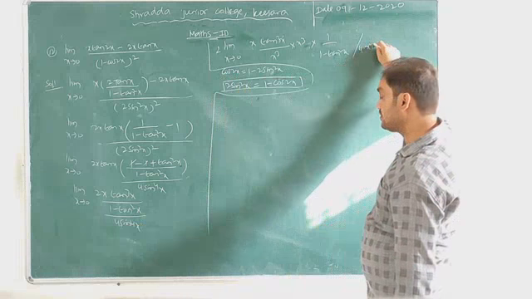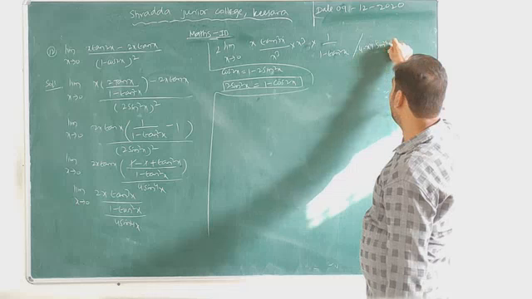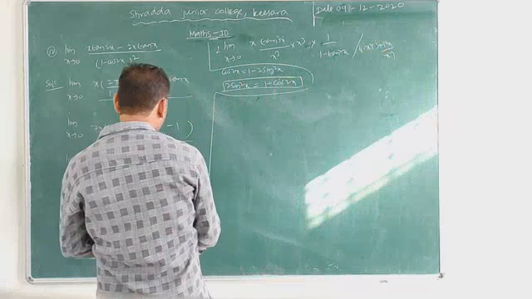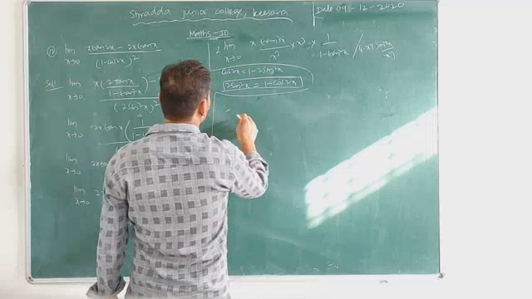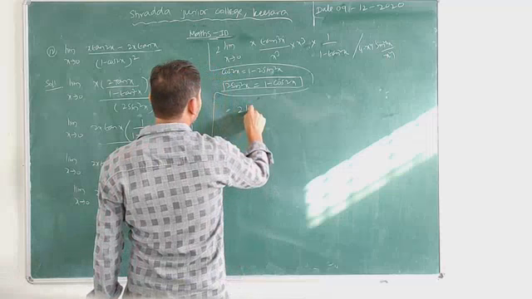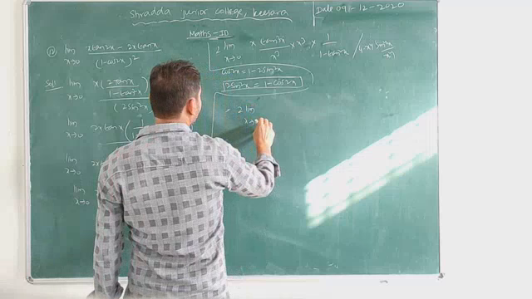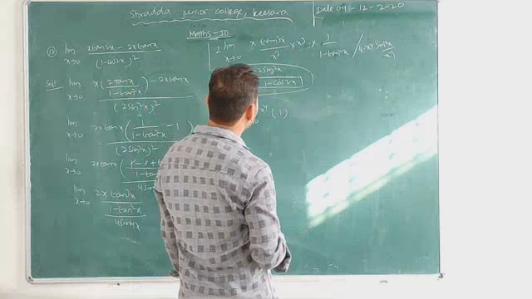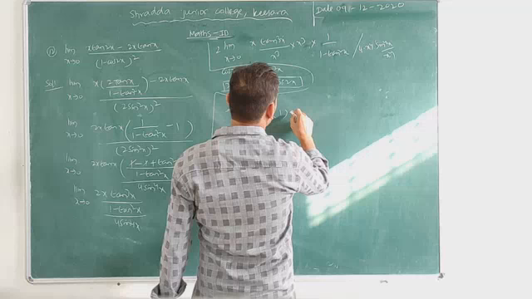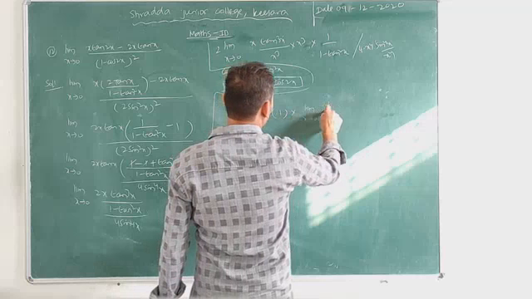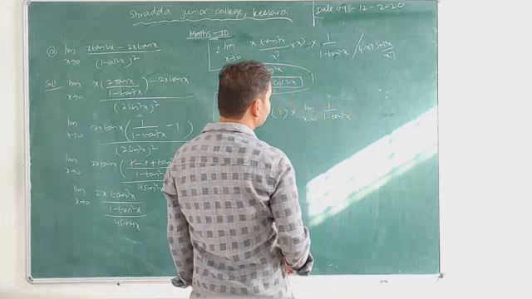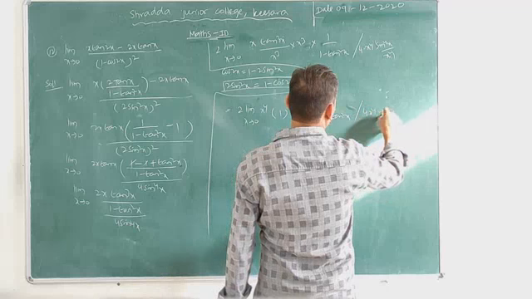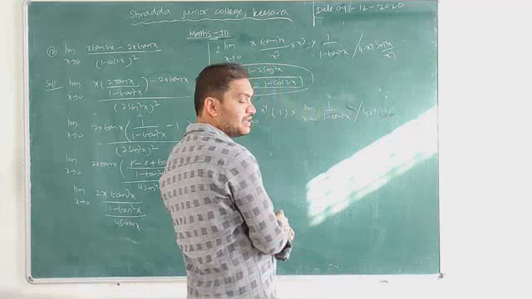So now 4 x power 4 into sin power 4 x by x power 4. So now what are we getting here? 2 into limit x tends to 0 of x into tan cube x by x cube, this value is 1. x into x cube is x power 4, into limit x tends to 0, 1 by 1 minus tan square x, by 4 into x power 4, this value is also 1, (sin x by x) whole power 4.